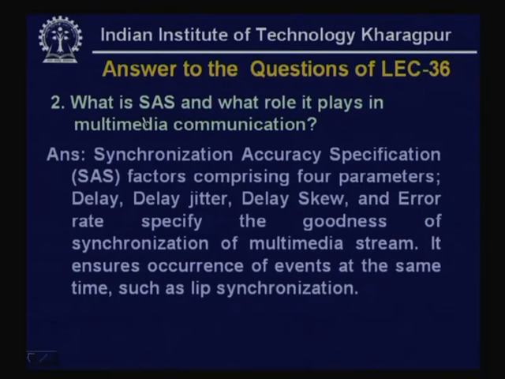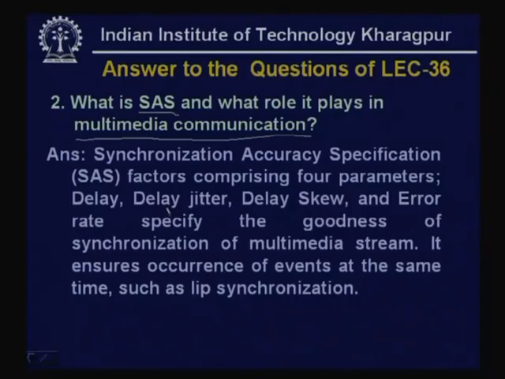Second question was, what is SAS, synchronization accuracy specification, and what role does it play in multimedia communication? As we have seen, multimedia signals require bandwidth as well as SAS factors to specify the goodness of transmission, and particularly the SAS factors comprise four parameters: delay, delay jitter, delay skew and error rate, as we have already discussed in detail.